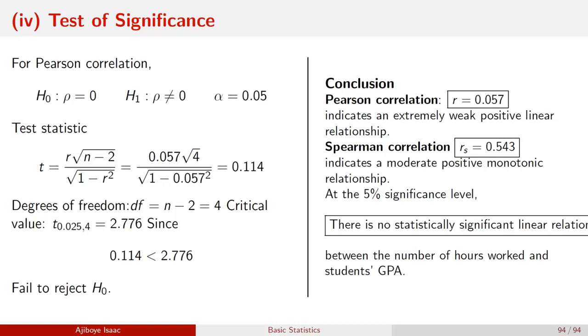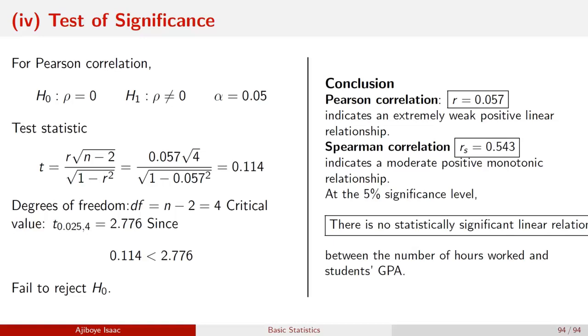The next thing for us is to test the significance of the correlation. And so we set our hypotheses. The null hypothesis would be that there is no correlation, that is rho is equal to 0. The alternative hypothesis, which is H1, would be that the correlation coefficient is not 0, and that means there is correlation.